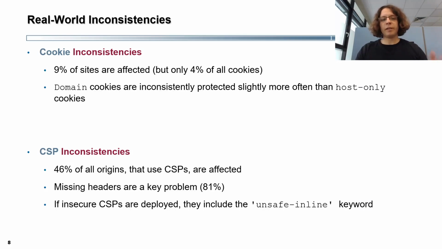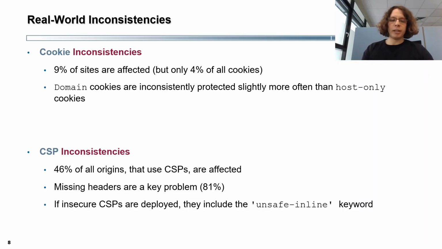Note again that we consider content security policy inconsistent not if two different content security policies exist, but only if one of these allows cross-site scripting attacks. So different whitelists do not account for inconsistency in our model.